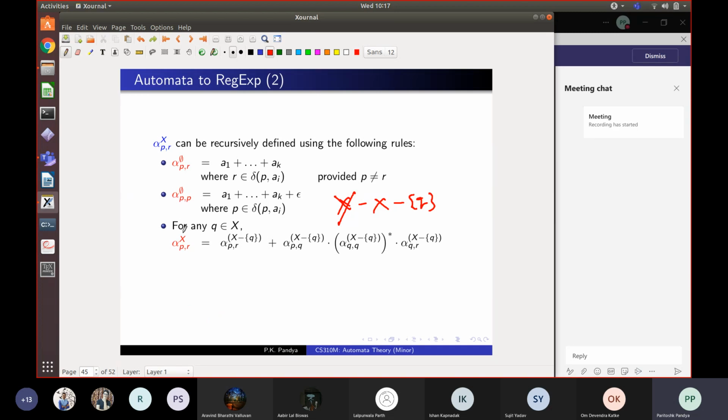What is this entity denoting? The entity on the left hand side is denoting that in the automaton you start with P, you go through some intermediate states.